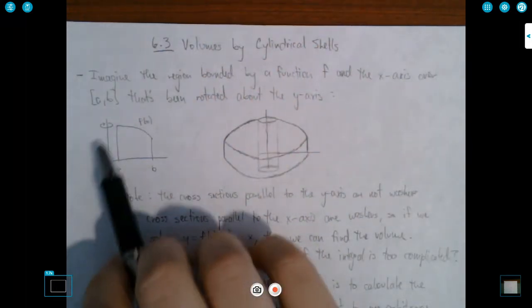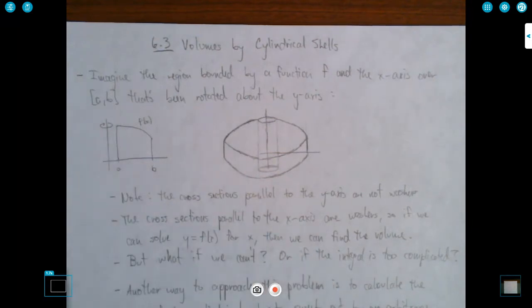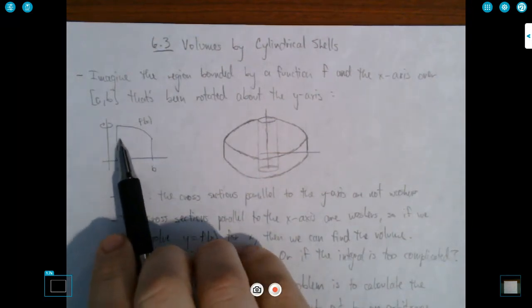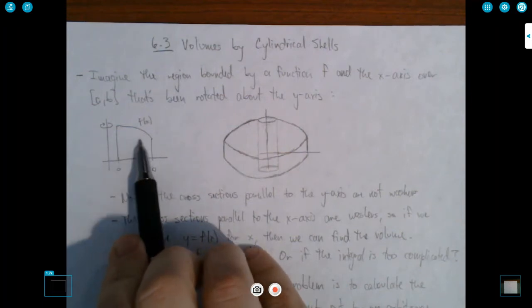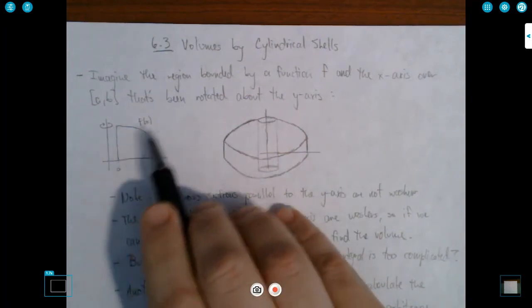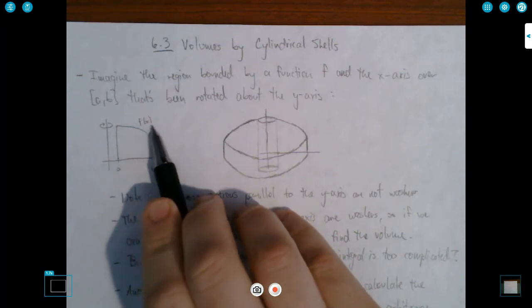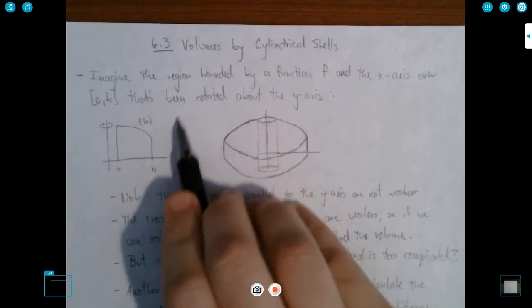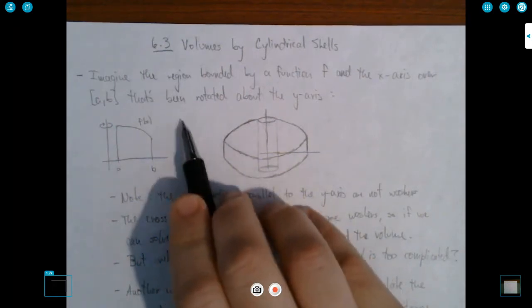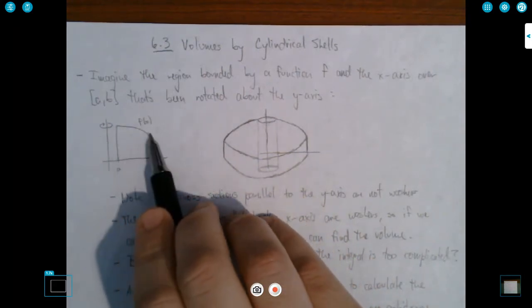But notice that you get washers, but you would have to split right here. If you're trying to integrate this, first of all, you'd have to come up with an expression for the function in terms of y. So you'd have to solve for x and get something of the form x equals f of y, or g of y, in order to integrate.